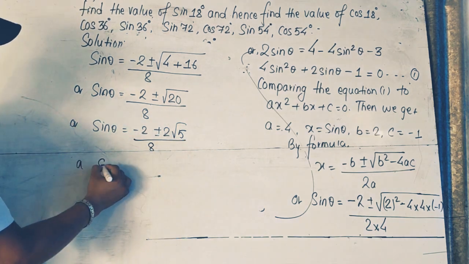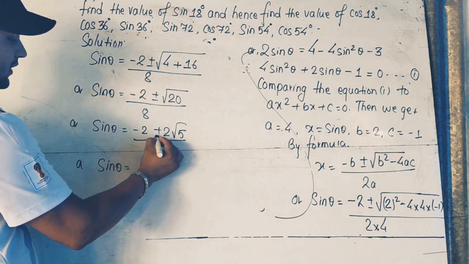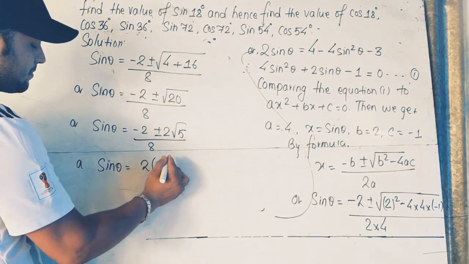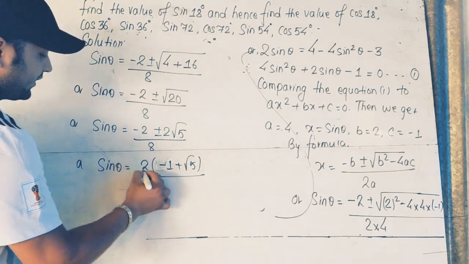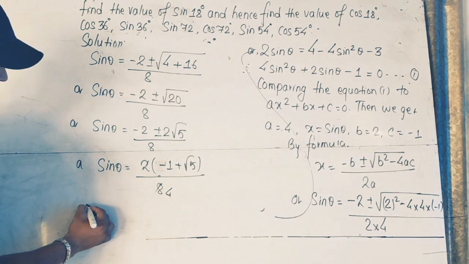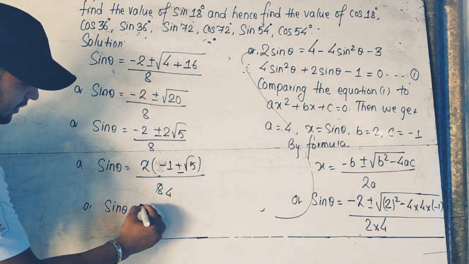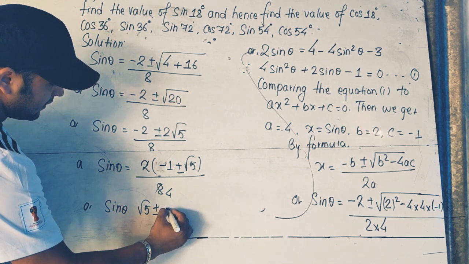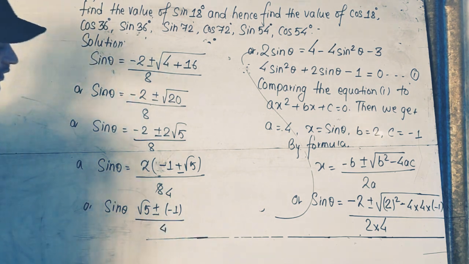Now we can take 2 common in the numerator, we'll have 2 times minus 1 plus minus root 5 divided by 8. Now when you cancel, we will get sine theta equals root 5 plus minus minus 1 divided by 4.